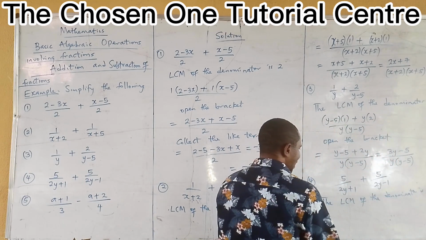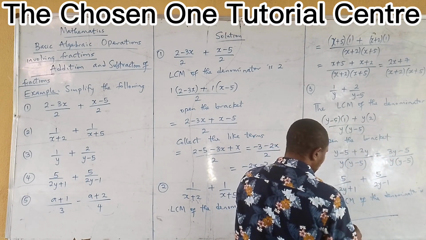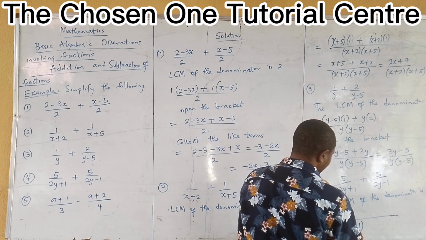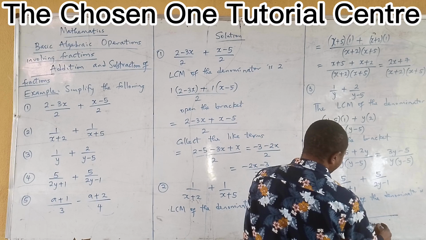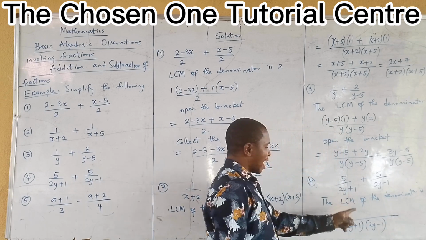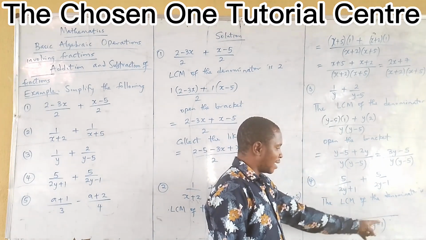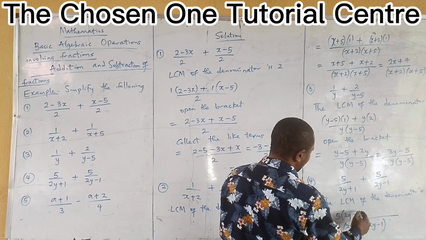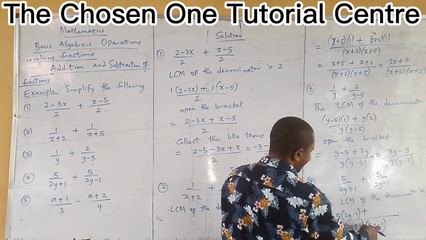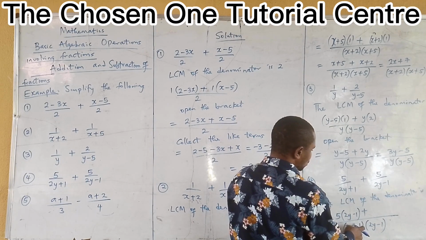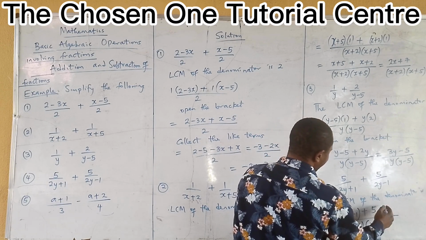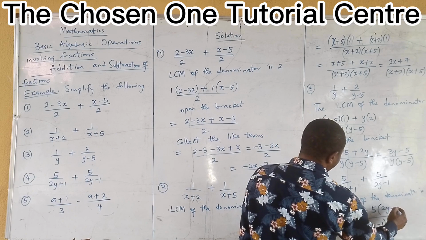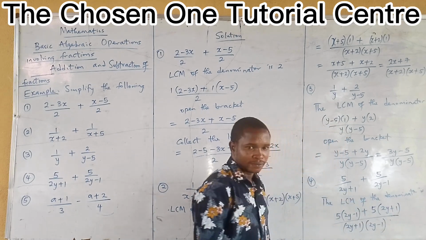So we are going to find the LCM here, which will be (2y plus 1)(2y minus 1). 2y plus 1 is here, so it remains 2y minus 1. So we are going to have 5 in bracket of 2y minus 1 plus 2y minus 1 is also here, it remains 2y plus 1. So we are going to have 5 in bracket of 2y plus 1.